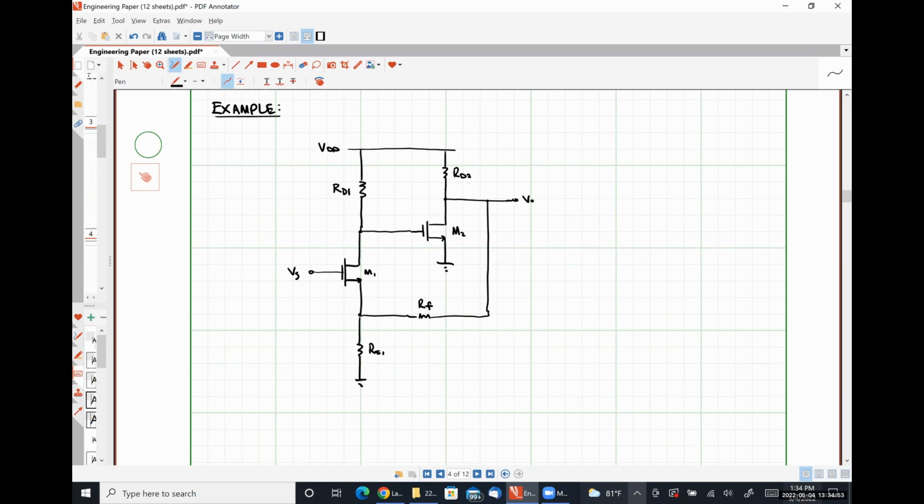And our goal here, actually, let me state explicitly, lambda 1 and lambda 2 will be 0. So we're going to ignore the effects of channel length modulation. Our goal is to determine our ideal closed loop gain and our feedback parameter K, and then determine our loop gain KA.